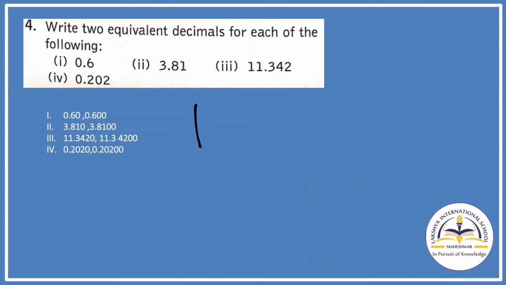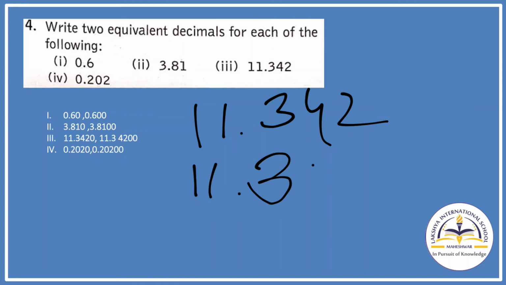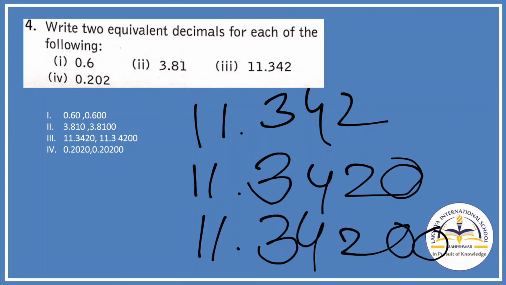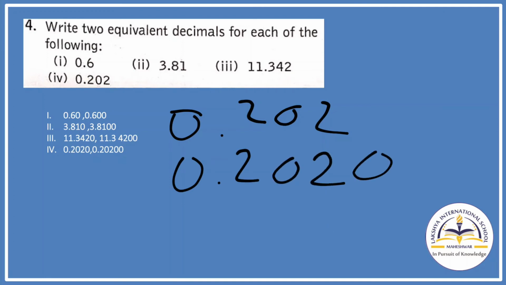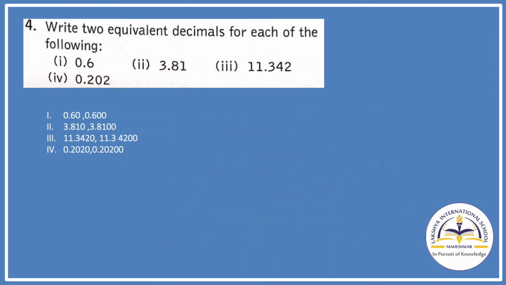You can use more zeros also. 11.342. So the next equivalent decimals will be 11.3420 and then 11.34200. This will be the answer. And for the last, 0.202, 0.2020 and then 0.20200.